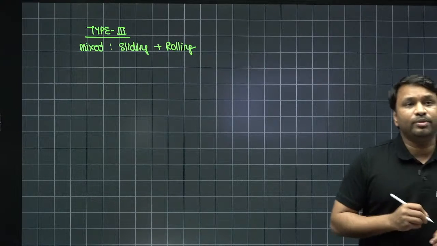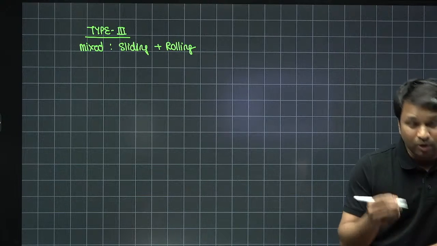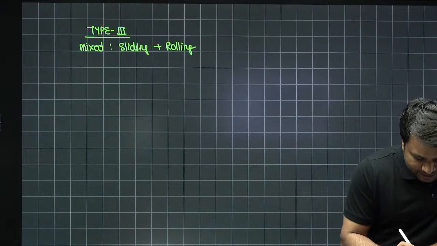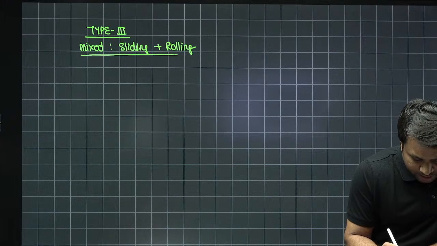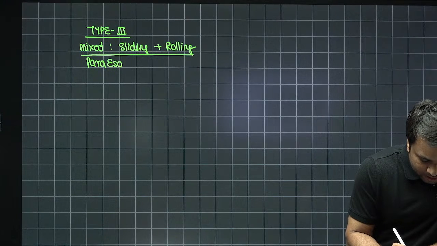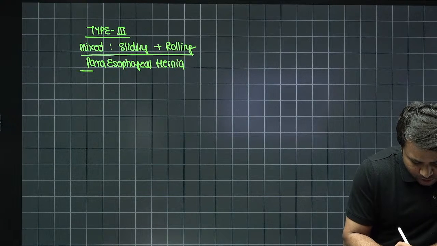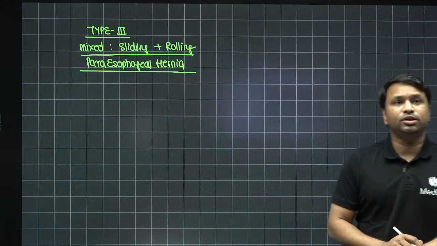And because the rolling component is there, this is a variety of the paraesophageal hernia, right?